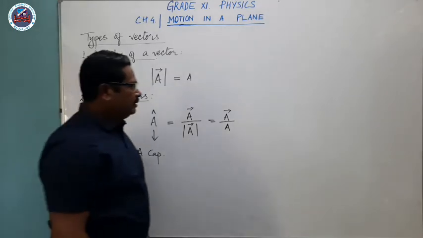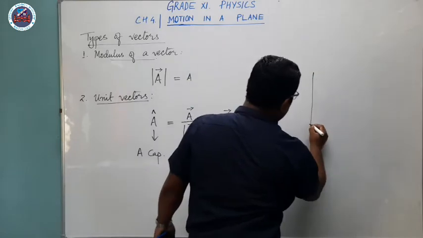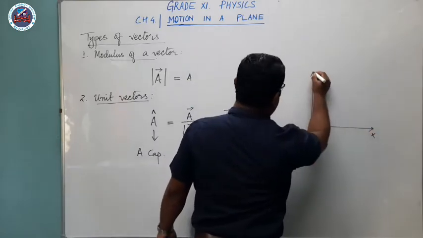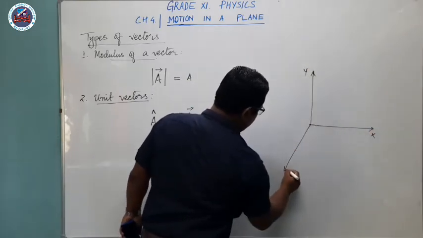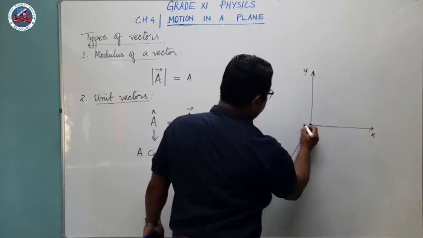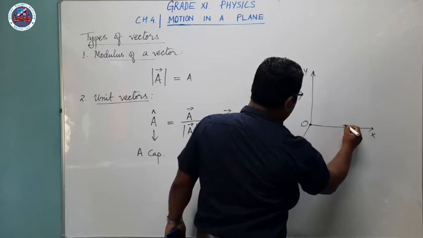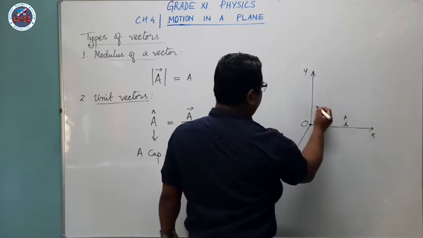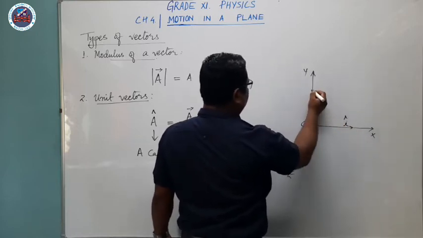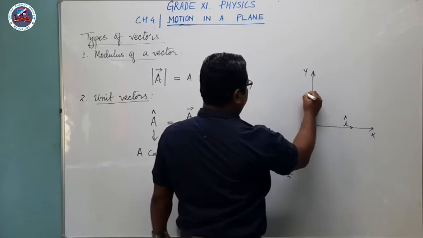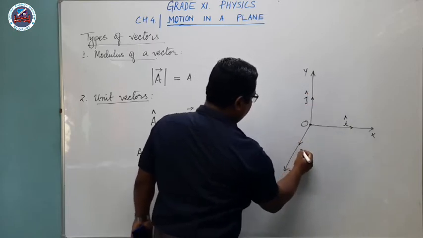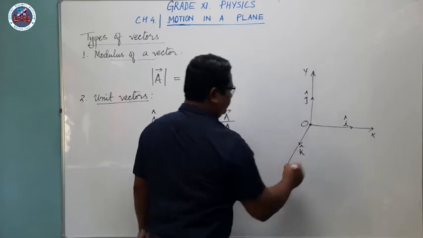And in our Cartesian coordinate system, with the x-axis, y-axis and z-axis, the unit vector along the x-axis we take as i cap, the unit vector along the y-axis we take as j cap, and the unit vector along the z-axis we take as k cap. It is fixed.